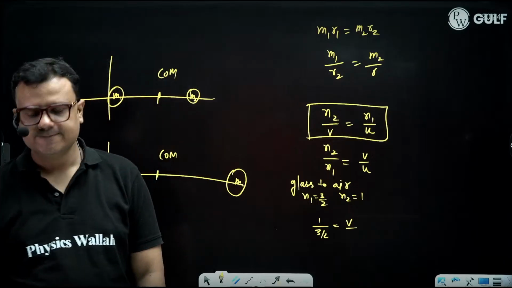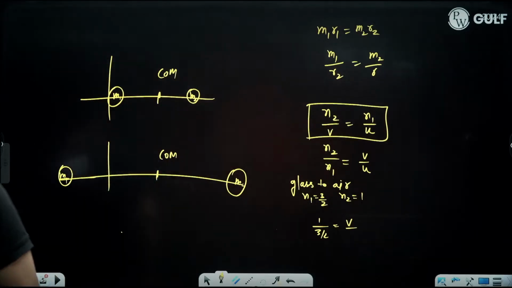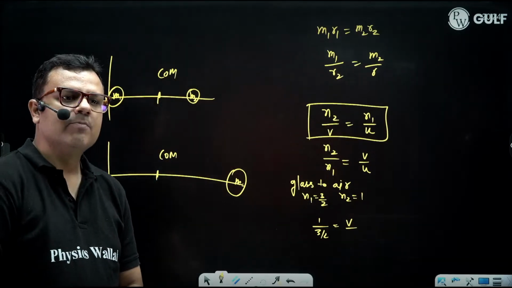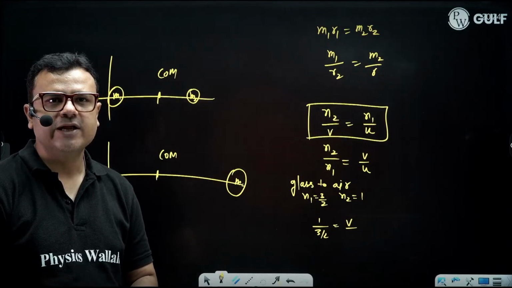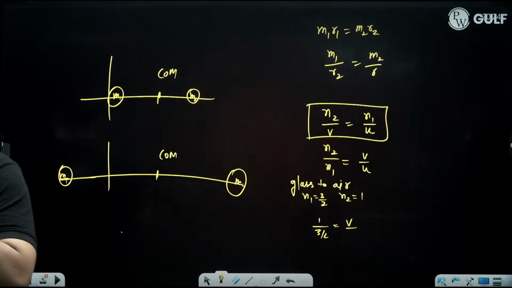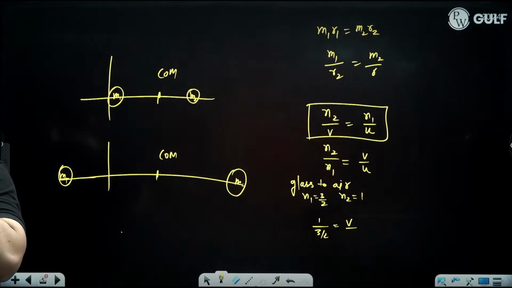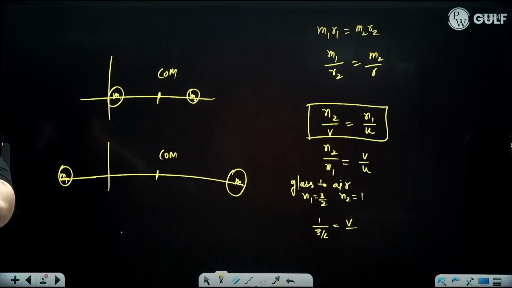Which is, U is what? Position of the image. And that will be positive or negative? Negative.